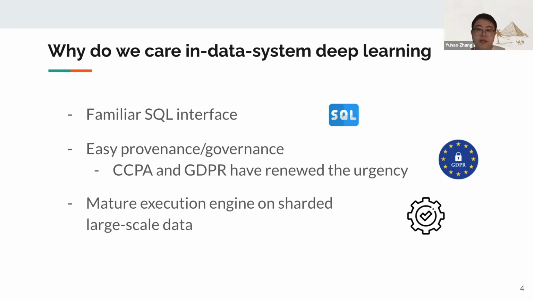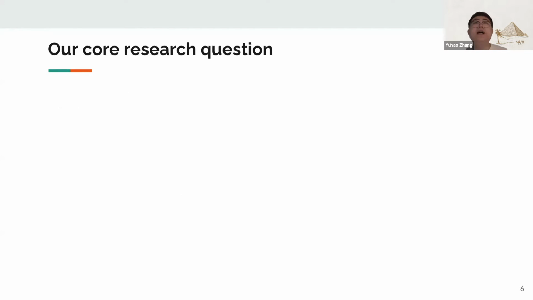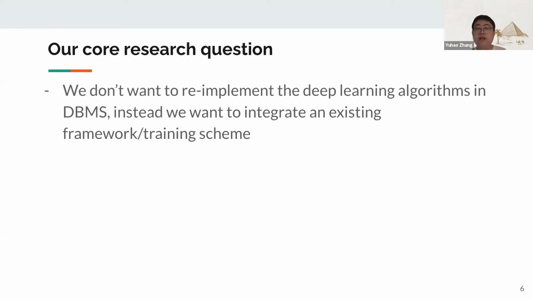We heard that deep learning tools are often criticized for being difficult to set up, operate, and debug. DBMSs have a potential here to bridge the gap. We don't want to re-implement deep learning using SQL or build our own DBMS for deep learning, because these deep learning frameworks are already popular among the users, and we want to make the adoption easier.